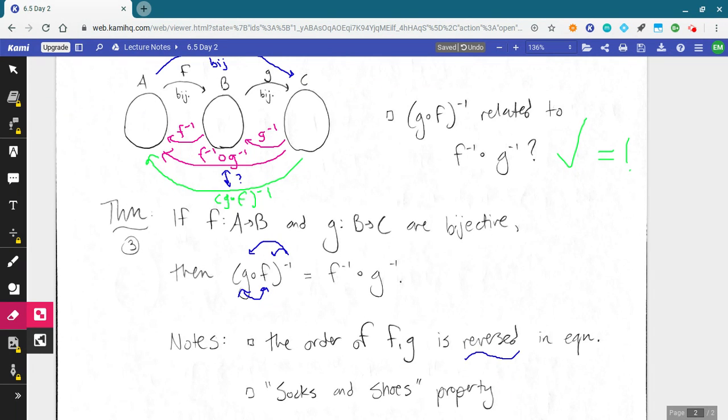The idea being, if in the morning you put on your socks and then put on your shoes, and then you want to undo that, you've got to deal with things in the reverse order. You first got to take off your shoes and then take off your socks. So F is putting on your socks, G is putting on your shoes. If you want to undo that, then you have to first take off your shoes and then take off your socks.